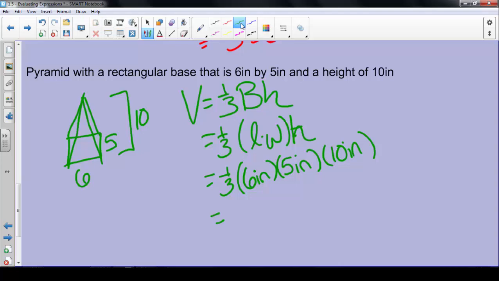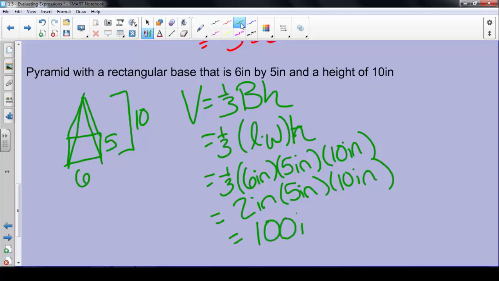One-third of 6 is 2. And then we still have inches times 5 inches times 10 inches. 2 times 5 is 10. 10 times 10 is 100. And inches cubed, because it's inches, inches, inches.